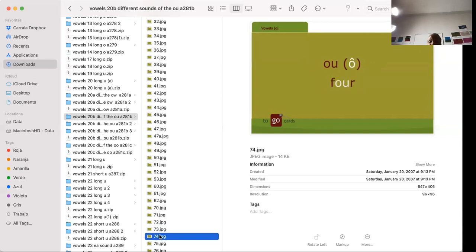Now the OU, back to English. Thank God. Back to English. And now we're talking about the OU having a different short sound, or. For.